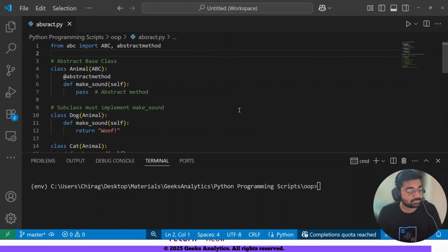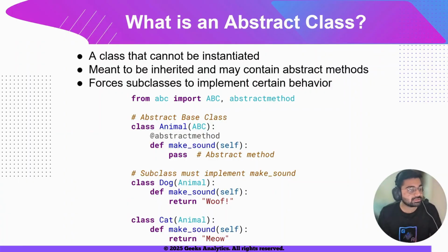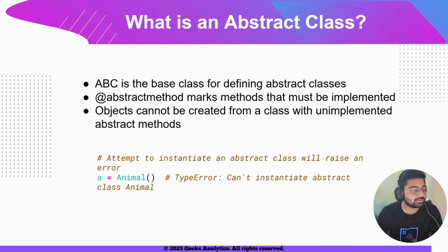Before this, we'll also see this. We have the ABC module, which is a part of the Python standard library. The class that you define as an abstract class must inherit this ABC. Only then will the class that inherits it be considered an abstract class.